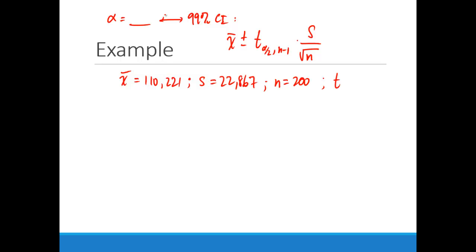Alpha is just 0.01, so 1% there, the rest of the area there. So T sub alpha over 2 will be 0.005, and my sample size is 200, so I need to find that critical value.